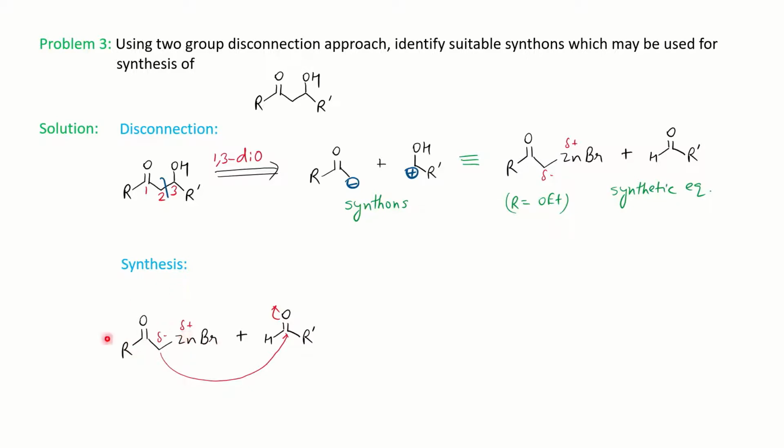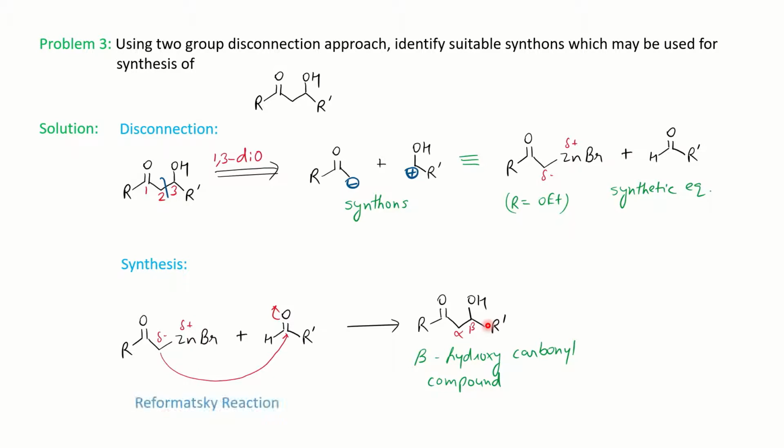So you are getting this reagent, and now since you have this reagent ready, this nucleophile can attack the carbon which is acting as an electrophile here, and you will get, after protonation, this beta hydroxycarbonyl compound as a product, which is our target molecule, if you can notice. So this is how you can design your beta hydroxycarbonyl compounds using retrosynthetic reaction.